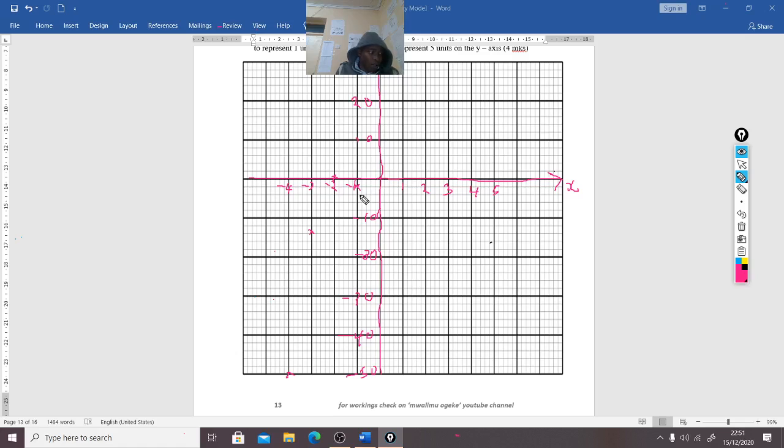Then we also have 0, negative 6. At 0, it is negative 6. Negative 6 will be, this is 2, 4, 6, will be here. I wish I used a different color to make those markings.